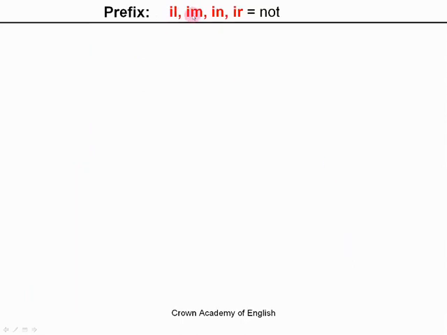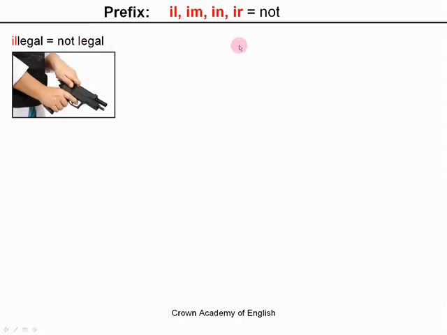IL, IM, IN, and IR. They all mean not, or some sort of a negative. Illegal means not legal. It is illegal to carry a gun.